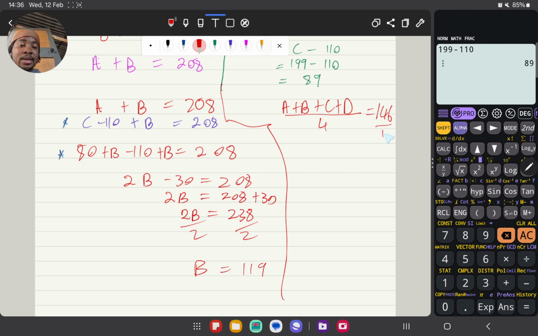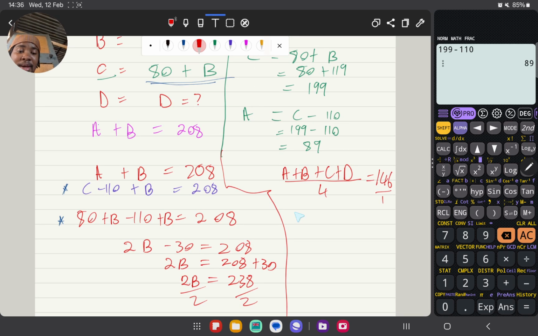Do the math. Of course, the 1 multiplies ABCD and the 4 multiplies the 146. So I can just substitute in the next step. A is 89, B is 119, C is 199, D is D, equals 4 times 146. That's 584.